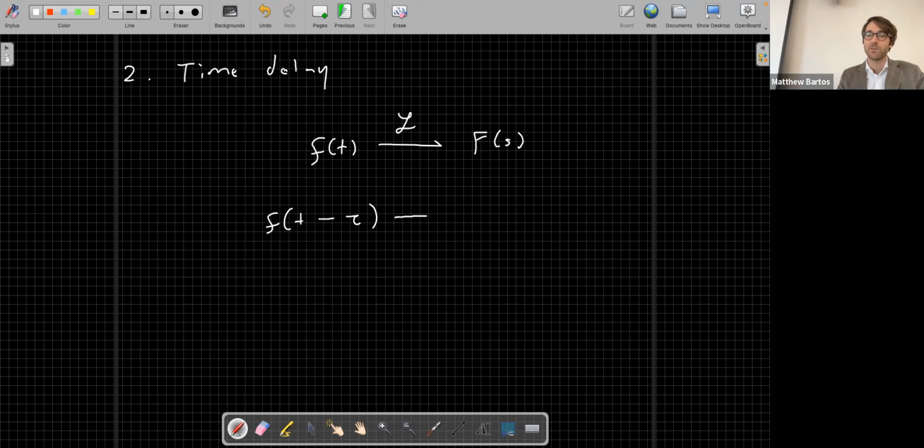If we take that shifted function and apply the Laplace transform, it's equivalent to taking our function F of s in the frequency domain and multiplying it by a complex exponential e to the negative s tau. Okay, so shifting our function in the time domain is equivalent to multiplication by a complex exponential in the frequency domain.